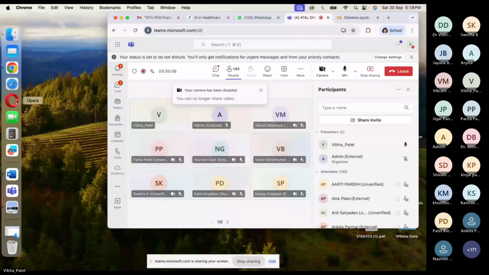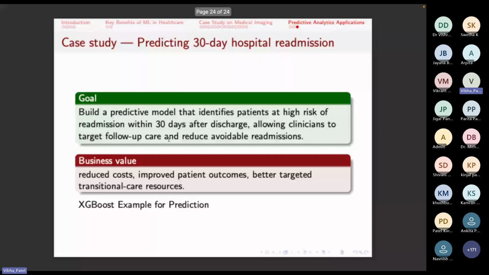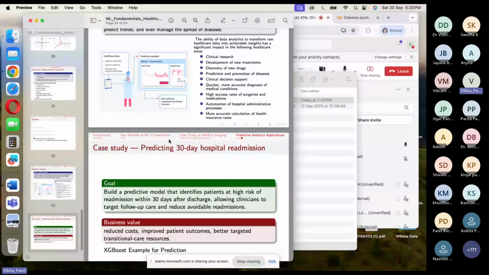And I have a few other case studies wherein XGBoost is used for predicting how likely it is that a patient who has been admitted will be readmitted in 30 days. I have a good execution of XGBoost as well, but I'll share the slides with you. I hope this content would be fruitful to all of you, and I'll conclude my session from this slide.